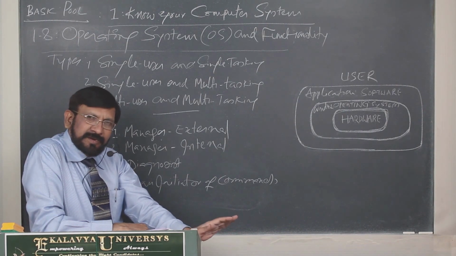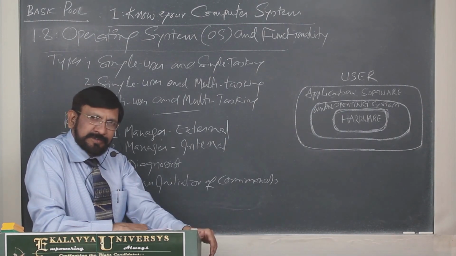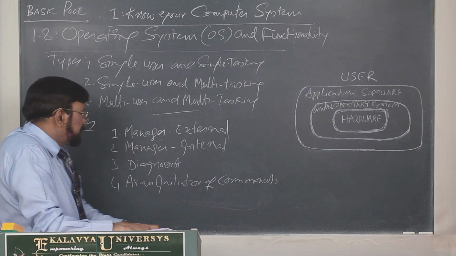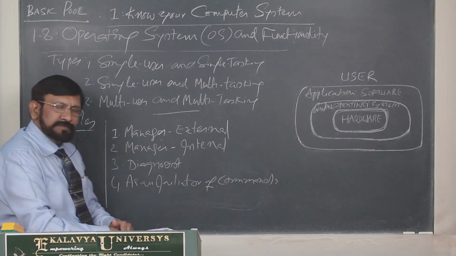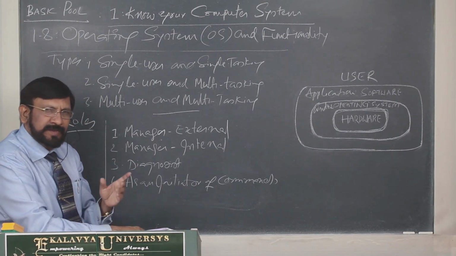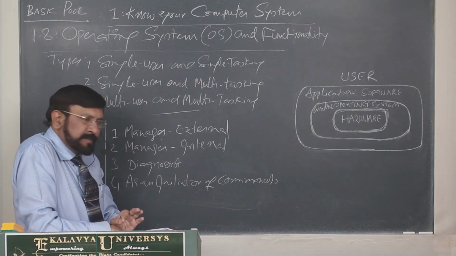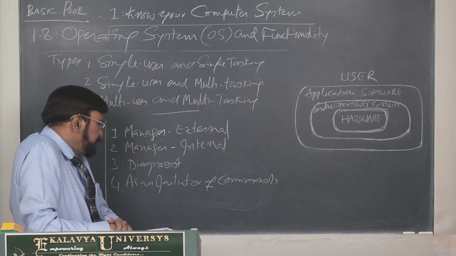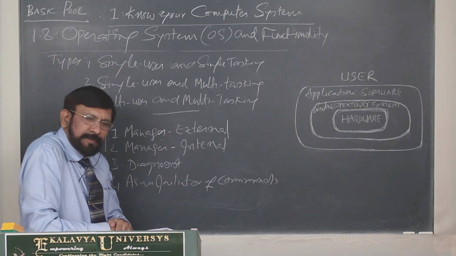Otherwise, it does not accept it, or it gives an error message. So these are the four roles played by the operating system: as an external manager, as an internal manager, as a diagnosist, and as the initiator of commands.